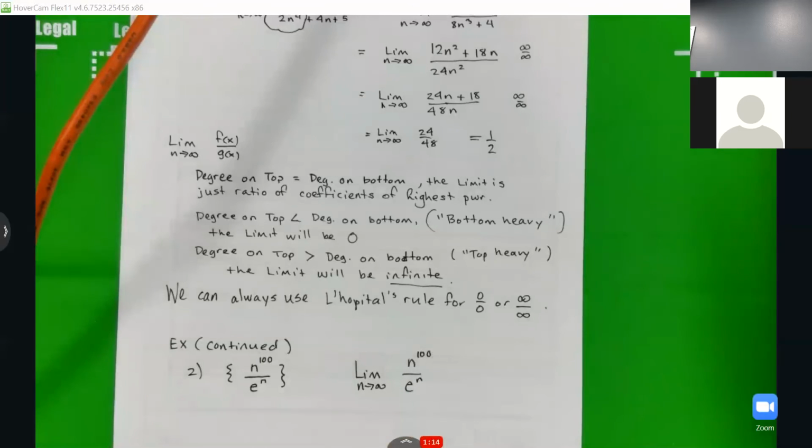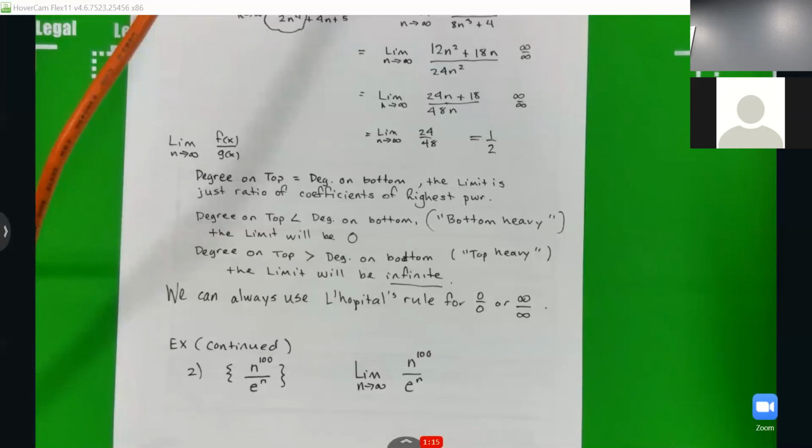Well, I have an n in the numerator, an n in the denominator. I can't really tell about degree because e to the n is not a polynomial. N's going to infinity, so both the numerator and denominator are going to infinity. But is this fraction top-heavy, bottom-heavy? Are they growing at the same rate?